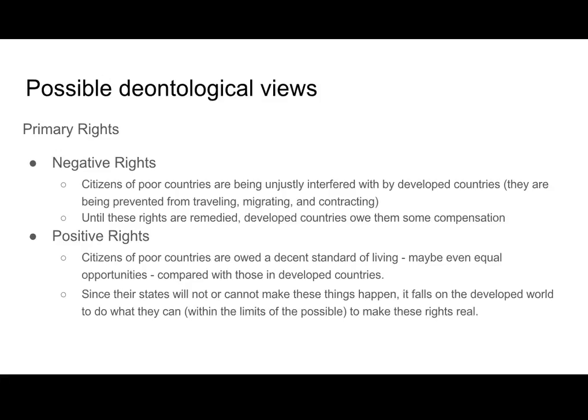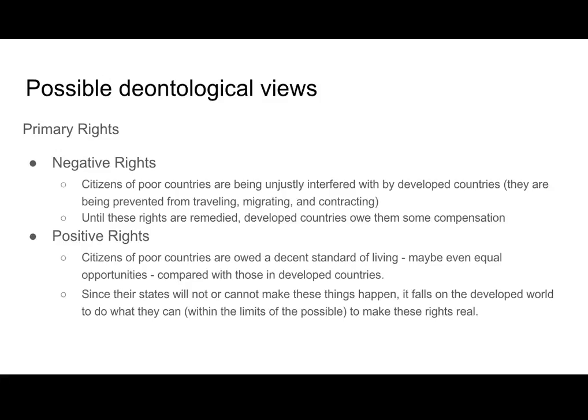Now, citizens of poor countries might be owed certain things more than just non-interference, right? They might be owed rescue, they might be owed a decent standard of living, they might even be owed equal opportunities compared with those in developed countries. If you associate a very strong form of cosmopolitanism to positive rights, you get something like there really should be no difference between the opportunities of someone born in sub-Saharan Africa and someone born in the United States.